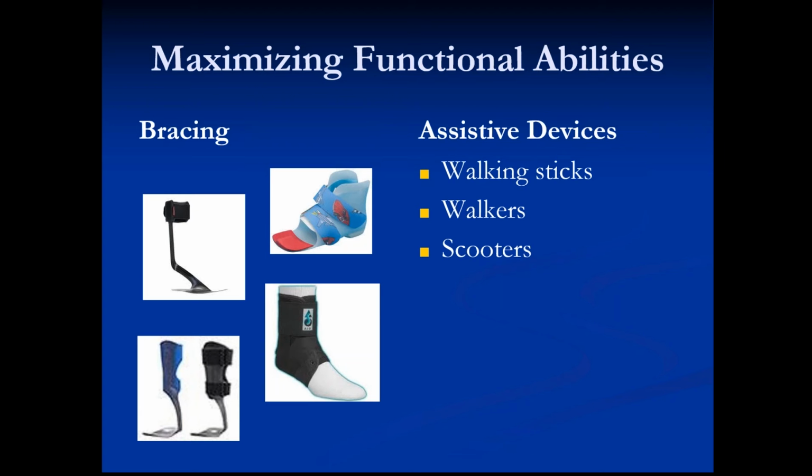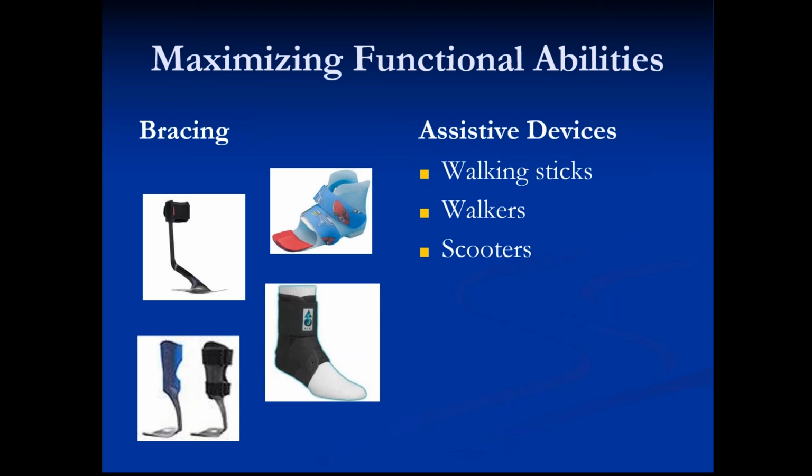And so walking like that, something that we would refer to as a steppage gait pattern, uses a lot more energy to walk. And so the use of ankle-foot orthotics can improve a person's gait by assisting with that foot clearance when they swing the leg through, and that results in using less energy during the process of walking.